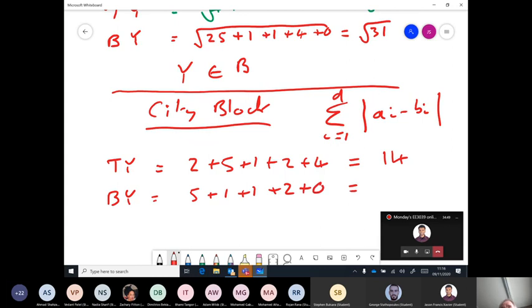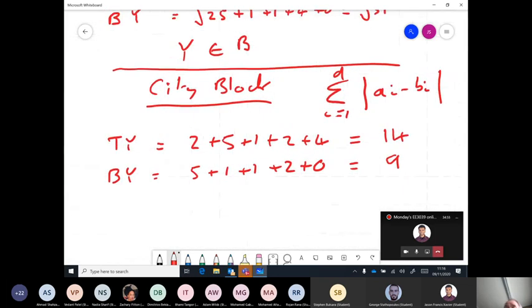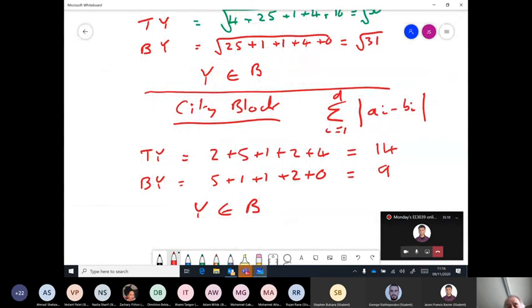And that is going to be 9. So looking at those distances, the city block classifier, Y is closer to B than T, so Y belongs to class B. Same as the Euclidean. Different measure, it still works.